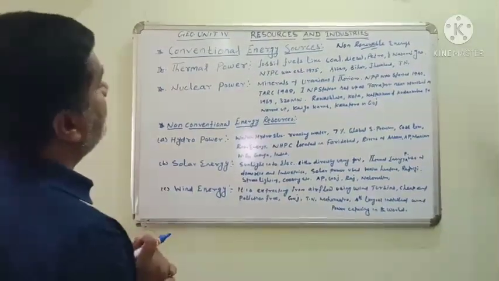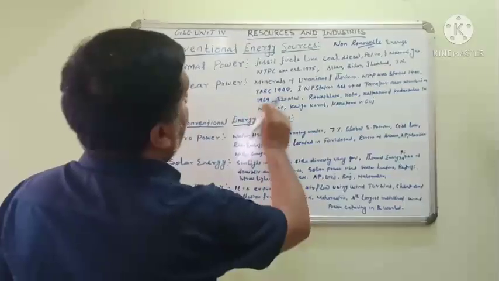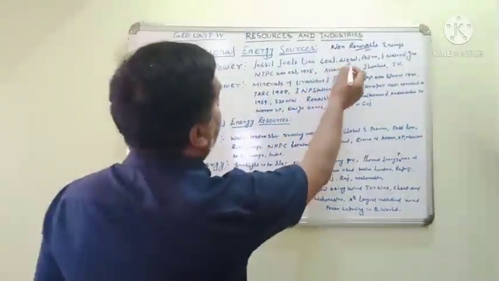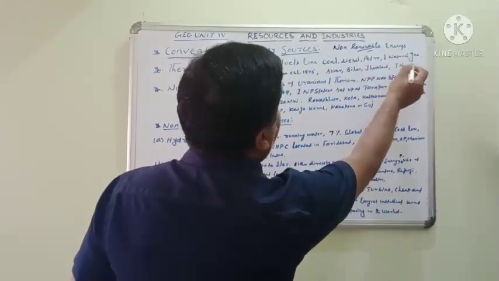Thermal power is generated from the use of fossil fuels like coal, diesel, petroleum and natural gas.